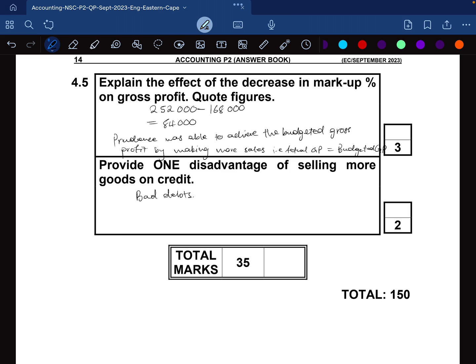Okay, so one other thing when you're selling on credit, let's say you're selling on credit and you want to purchase more stock, and then it would mean that you don't have any cash to purchase any further stock, then it would have a bad or negative impact on your cash flows, which will affect how you purchase stock and how you use your cash.